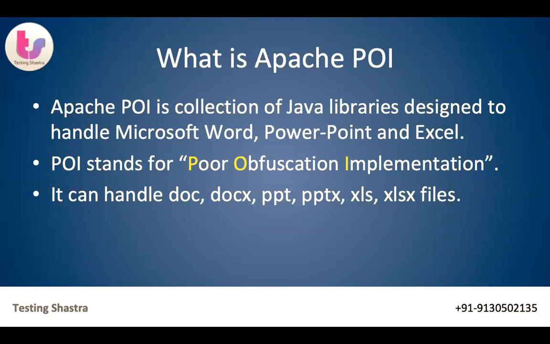This API is designed with various jar files and various libraries, and using all of those libraries we can handle XLS files as well as XLSX files. It can handle doc, docx, PPT, PPTX, XLS and XLSX files.